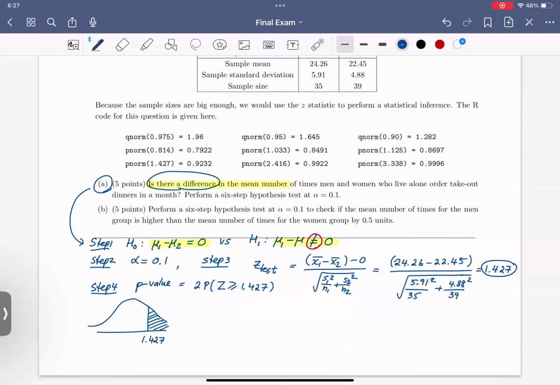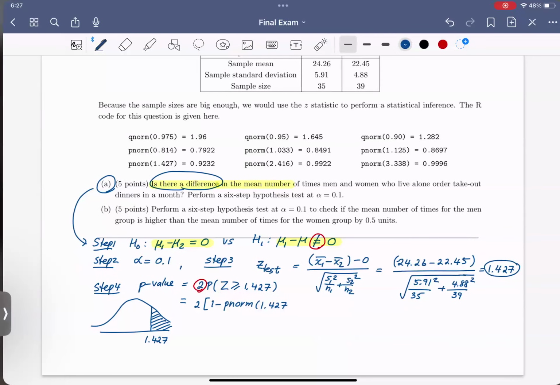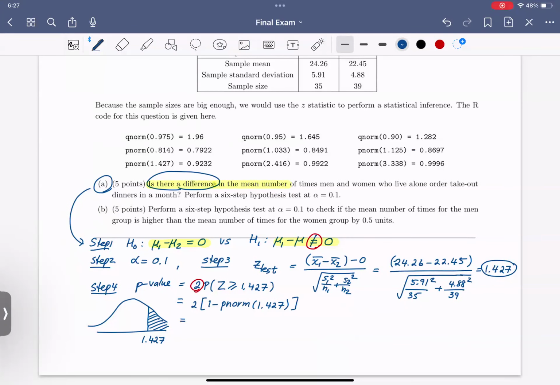Because you first compute the area of one tail, and then you multiply by 2, because the alternative hypothesis tells you that you need to multiply by 2. So you're going to have 2 times 1 minus pnorm of 1.427, and then 2 times 1 minus 0.9232. All right, let's do it. So 2 times 1 minus 0.9232, and that is 0.1536.